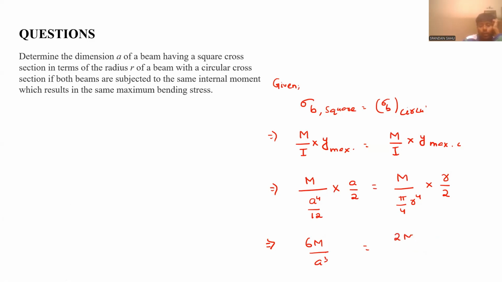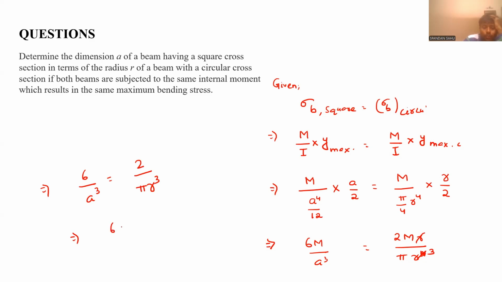So 2M r by pi r cube. So r will get cancelled out. So M and M will get cancelled out. So 6 upon a cube, we are getting 2 upon pi r cube.